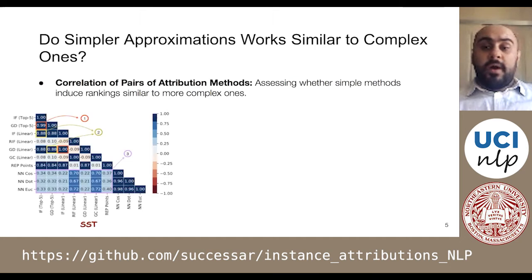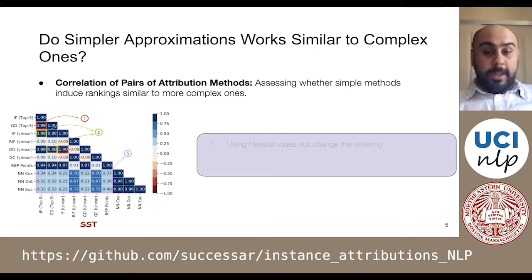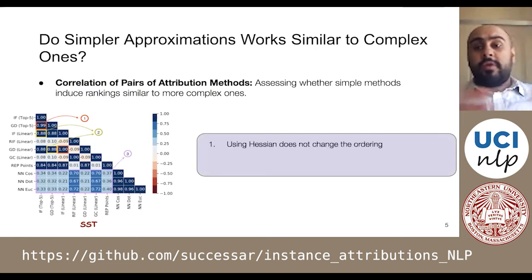The result of a Spearman correlation over the SST benchmark is provided in this figure, and we can make a few conclusions from this image. Firstly, we observe that we don't necessarily need the Hessian matrix. As we can see, the methods that don't use the Hessian matrix appear very similar to their counterparts that use the Hessian matrix.